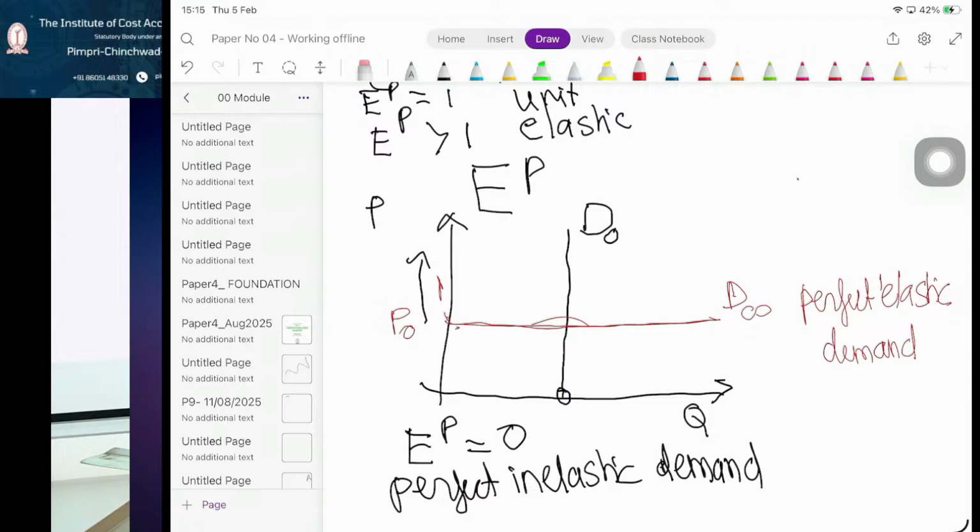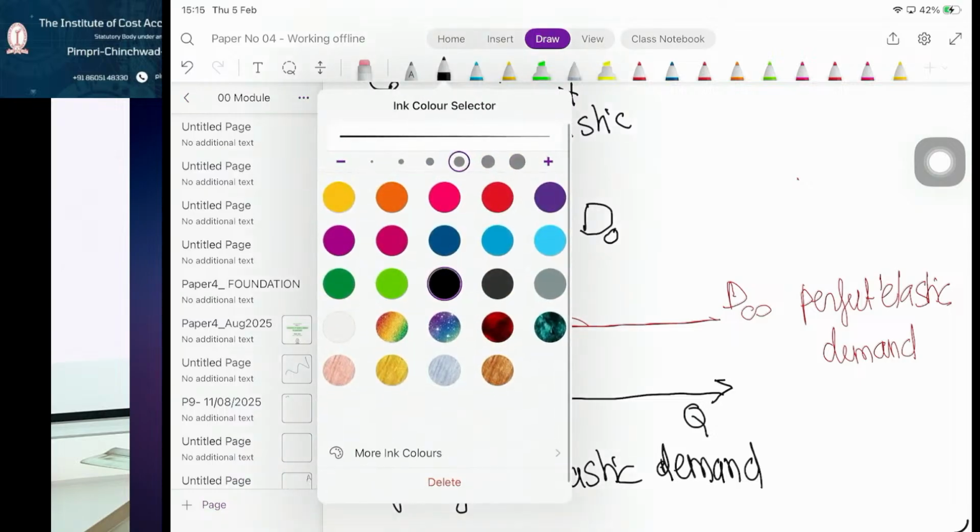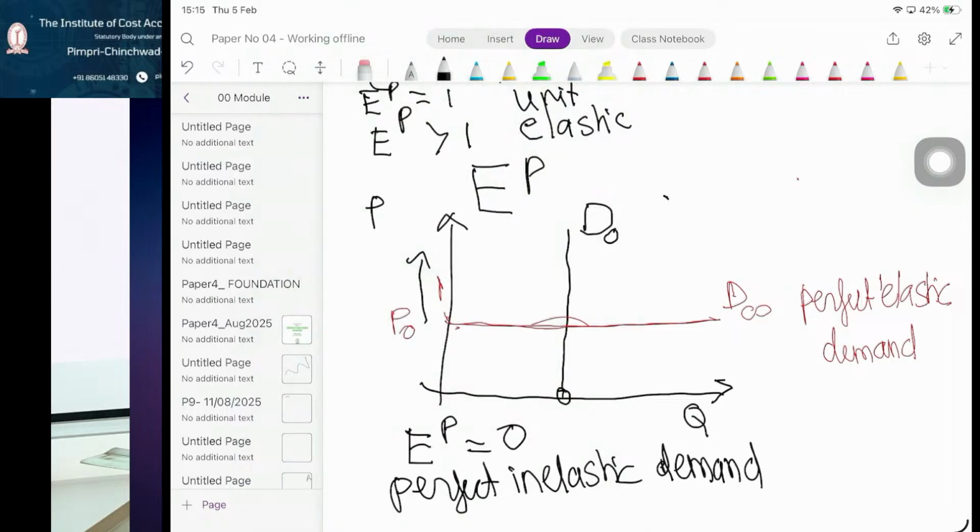Now it's not easy to plot either relatively elastic or relatively inelastic, but keep this simple rule in mind. If the demand curve is more like a vertical line, then we can say the demand is relatively inelastic. And if the demand curve is more like a horizontal, flat line, then it would be elastic.